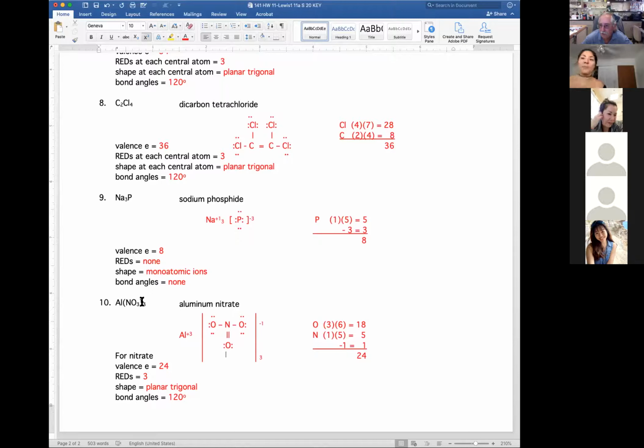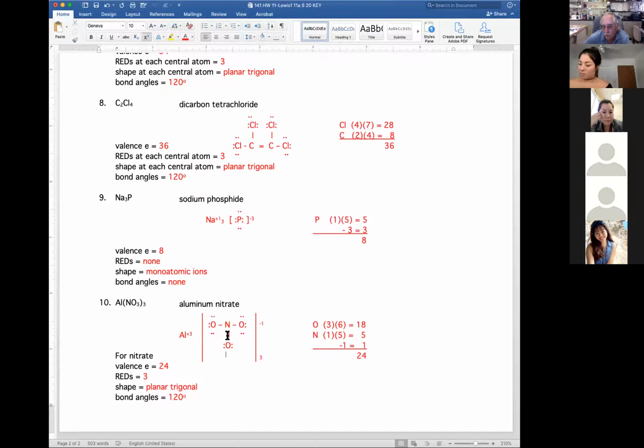So when it comes to naming that, we automatically name it as an ionic compound. And when it comes to doing Lewis structures, we do the same thing. This right here represents the ionic bond, and so does this right here.